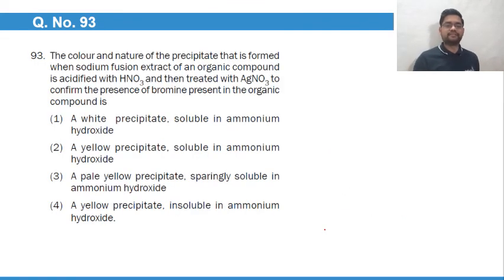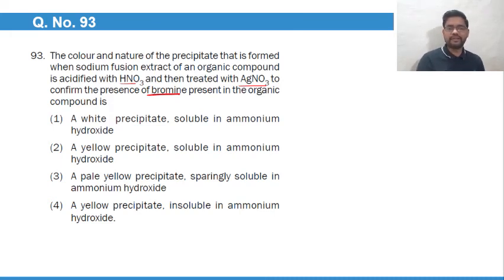93. The color and nature of the precipitate formed when the sodium fusion extract of an organic compound is acidified with HNO3 and then treated with AgNO3. That means detection of halogens. To confirm the presence of bromine in the organic compound, it is a pale yellow or dull yellow color, because for AgCl it is white, for bromine it is dull yellow or pale yellow, and for iodine it is bright yellow.